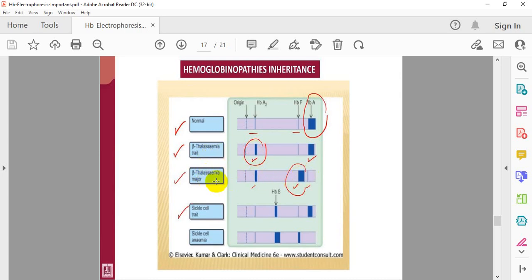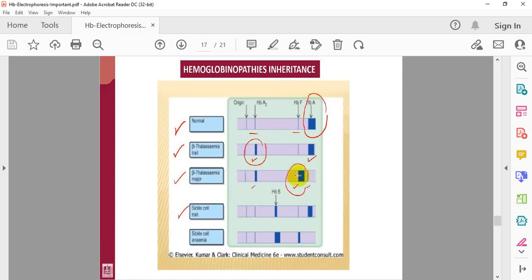So for beta thalassemia major, there is a significant or high proportion of hemoglobin F, meaning that if you have beta thalassemia, which is common in Italy and the rest, you can see that an adult is walking around, but he has fetal hemoglobin inside him. So that person is sick, and they are prone to anemias.